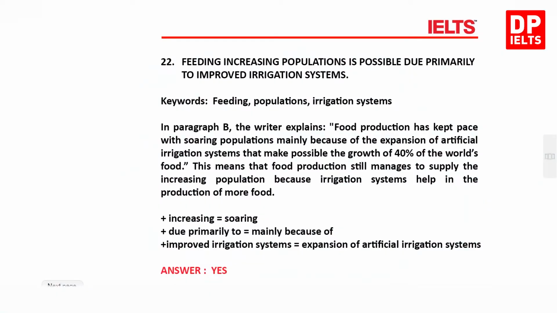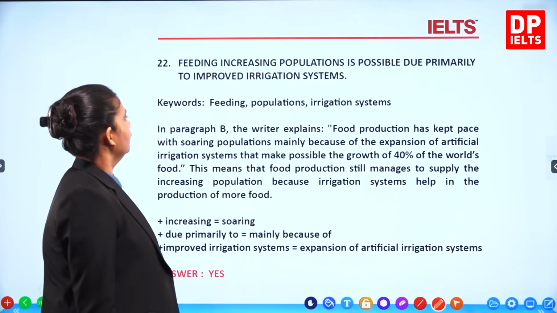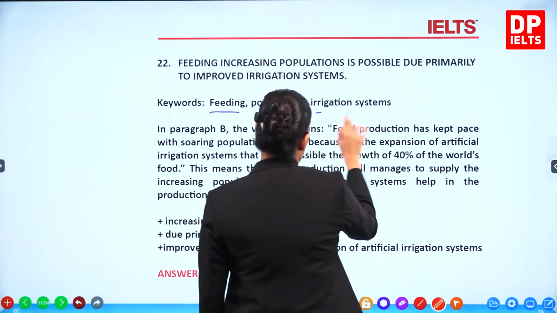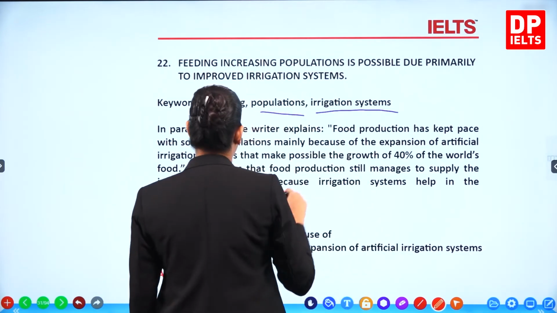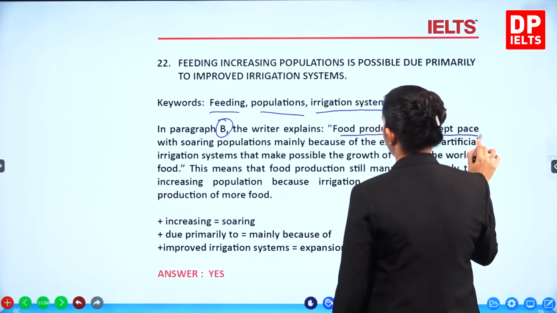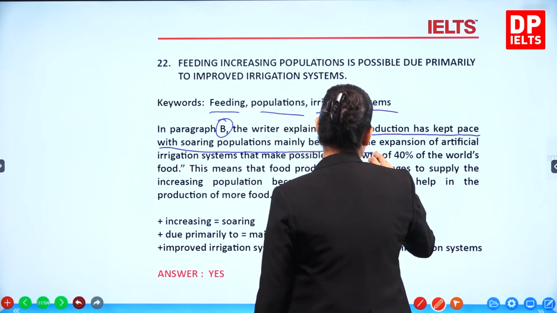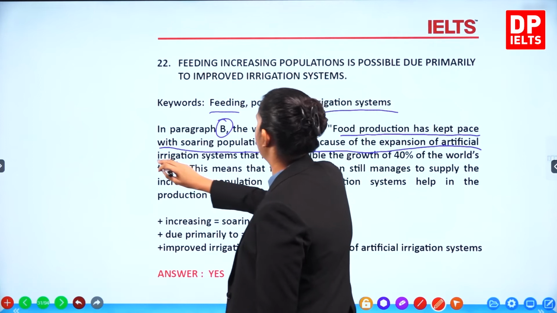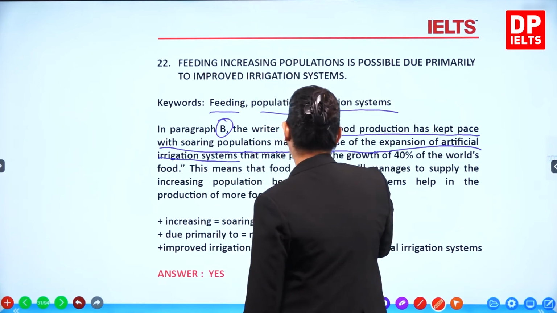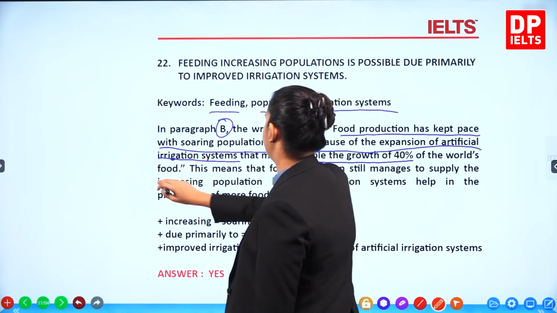Feeding increasing populations is possible primarily due to improved irrigation systems. Keywords: feeding, population, irrigation systems. In paragraph B, the writer explains food production has kept pace with soaring populations mainly because of the expansion of artificial irrigation systems that make possible the growth of 40% of the world's food.